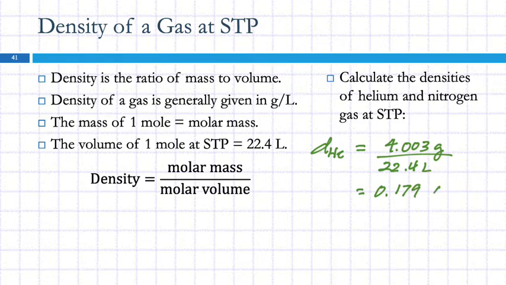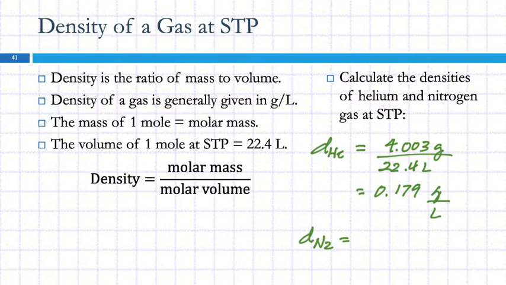0.179 grams per liter. The density of nitrogen? What's the molar mass of nitrogen? Is nitrogen a diatomic element? Yeah, so multiply that by 2.